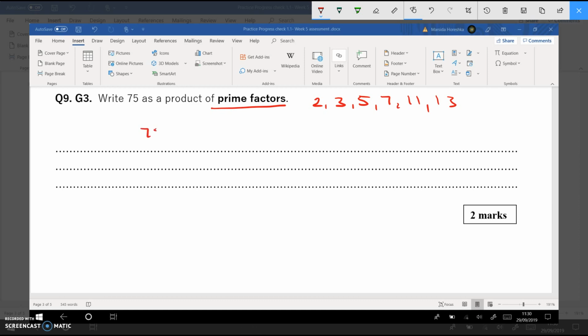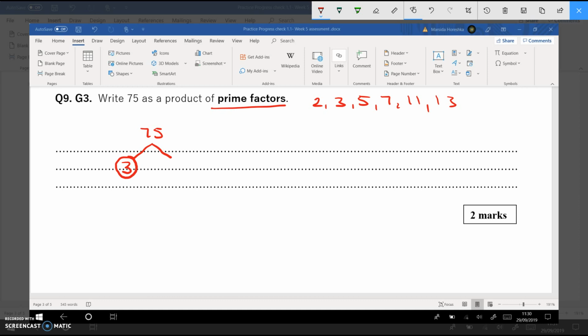So I'll write 75 to begin with, and I'll find two factors of 75, or two numbers that would multiply to give us 75. Trying to divide by 2, I can't get a whole number. I could divide by 3. So if I divide this by 3, which is a prime number, I'll circle the prime number to help me remember.